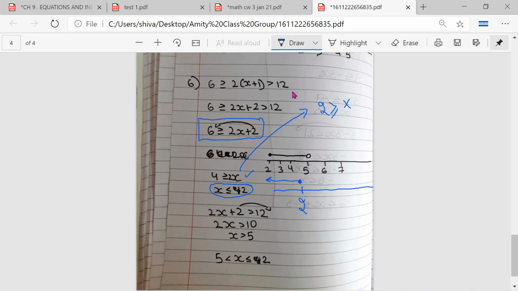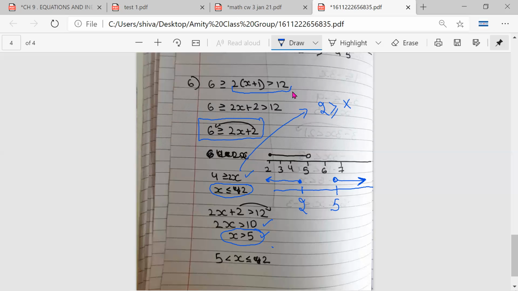Sanvi, any doubt about this? No. Okay. The second part of my question says that 2x plus 1 is greater than 12. Therefore, 2x is greater than 10, x is greater than 5. So this part of my solution says that my x is greater than 5. It will be facing towards this side. Sanvi, any doubt? No. So, Sanvi, do you have a solution?